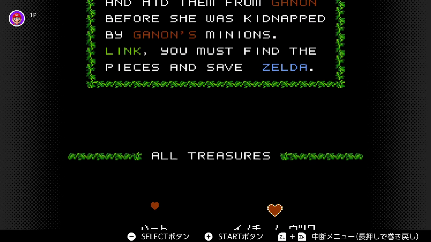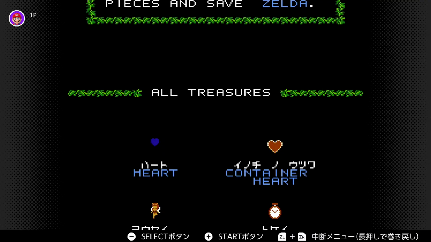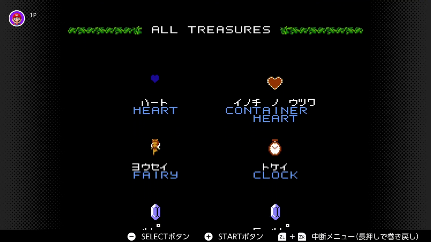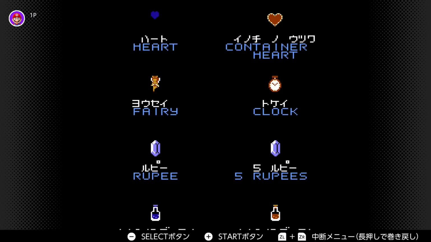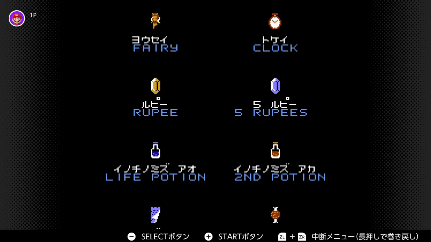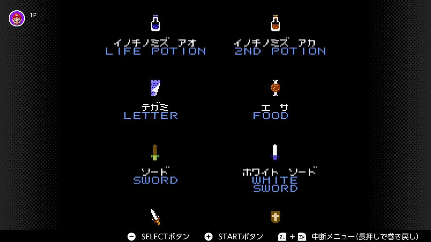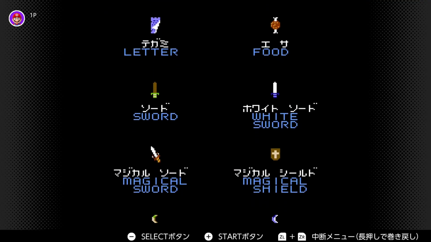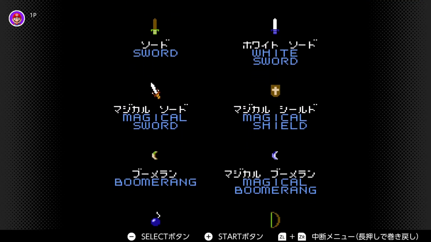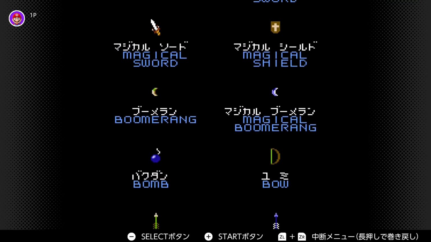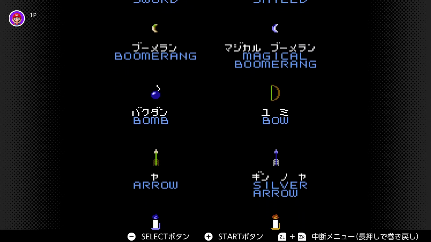And then a list of the treasures, which are both in English and in Japanese. And my idea is that we'll see their Japanese names later when we actually find them in game.